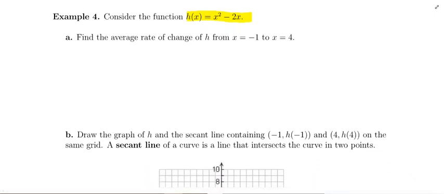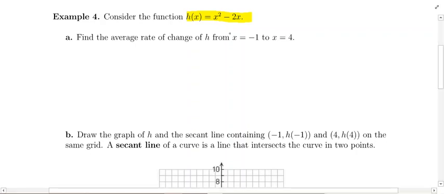All right, in part A, knowing the function we're working with, it says find the average rate of change of the function h from x equals -1 to x equals 4. So remember what I told you when I introduced you to the formula for average rate of change. When you compute an average rate of change, not only do you have to have a function, but you also have to be given two x values that you're looking at.